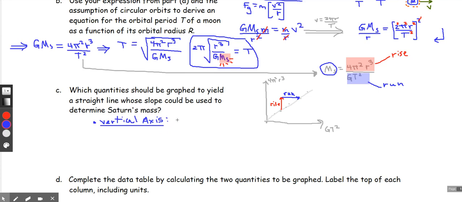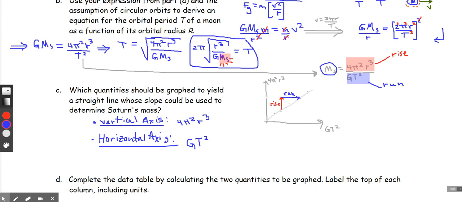And maybe I should put that in a different color, but anyways, vertical axis is going to be 4 pi squared r cubed, and horizontal axis is going to be gt squared. And there you go.